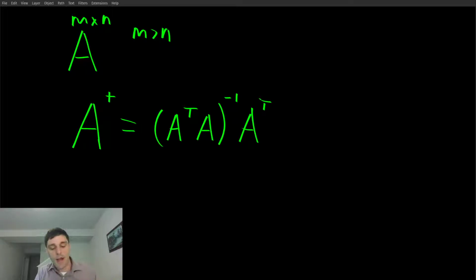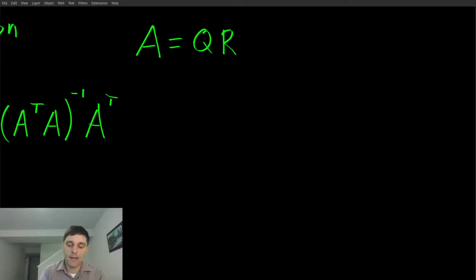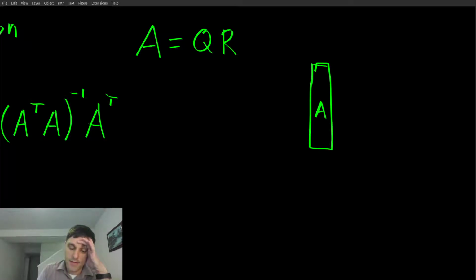Now, if we have the QR factorization of A, so let's say A is equal to QR, let's take a quick aside to refresh our memory. If A is tall and skinny like this, so here's our A, then Q is going to be m by n also, and R is going to be n by n.